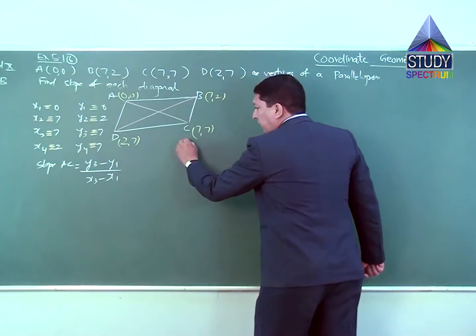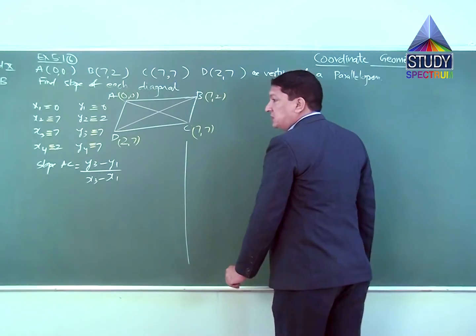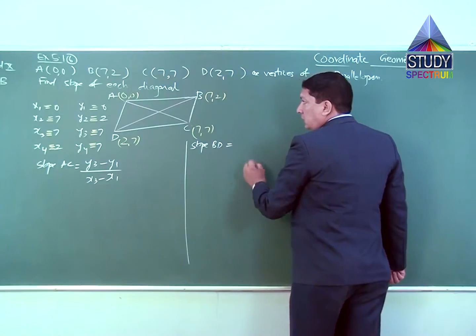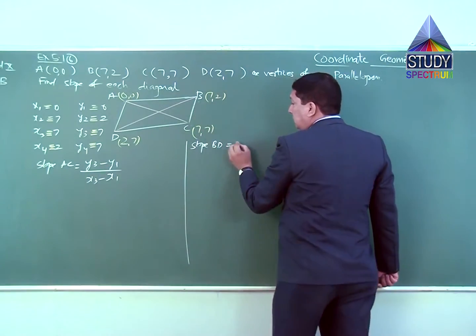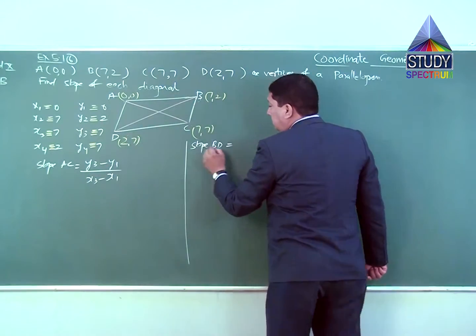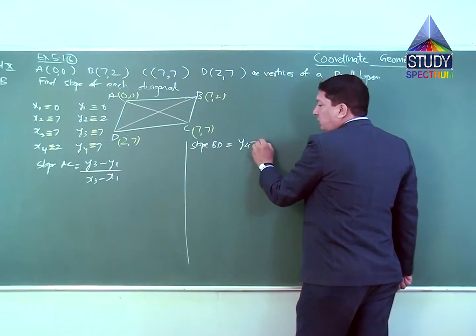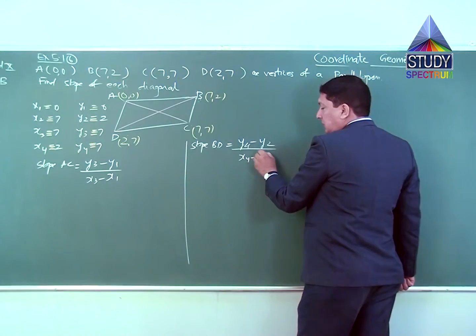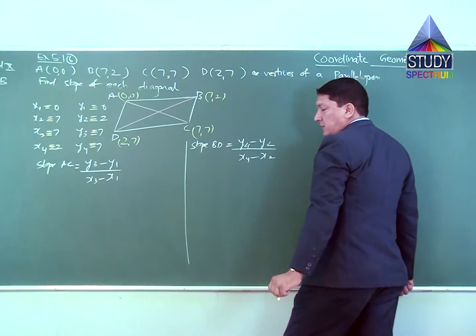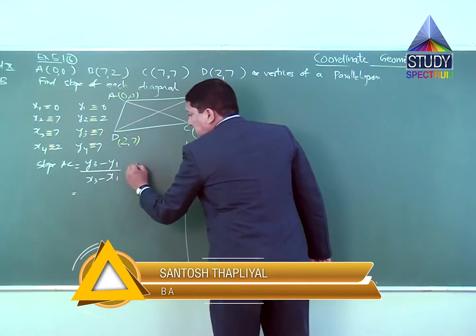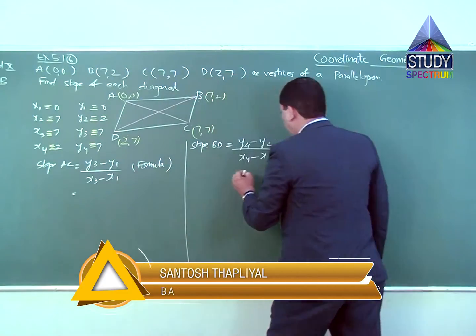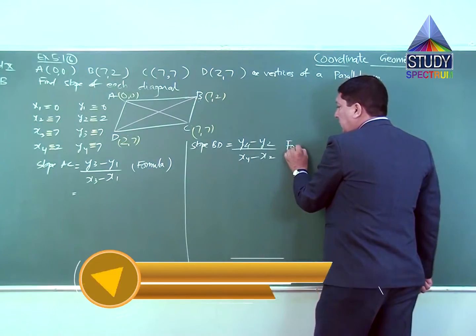Same way, we need to find out one more slope, and that slope is BD. Slope BD is B and D point. So y4 minus y2 upon x4 minus x2. Right? This is the formula. Variation of the formula which we have done earlier.